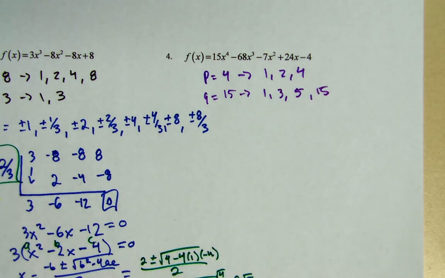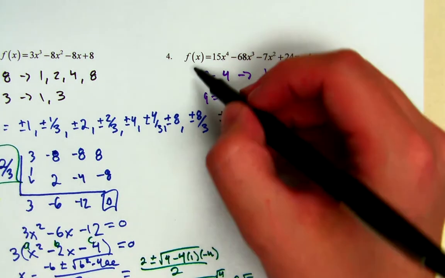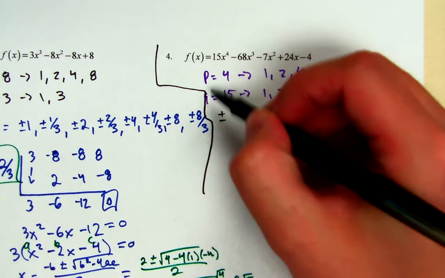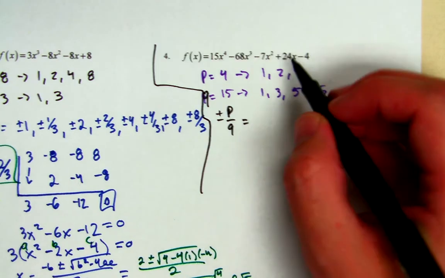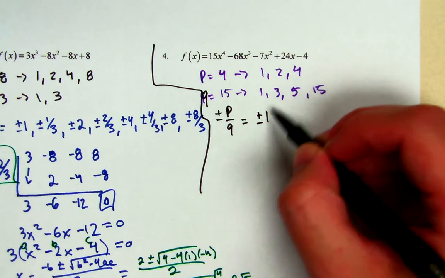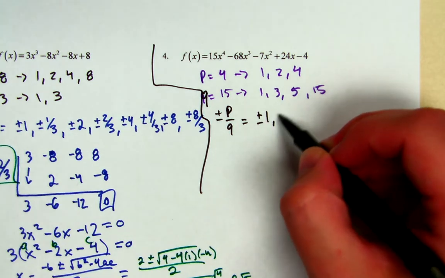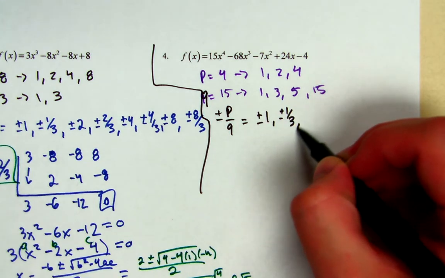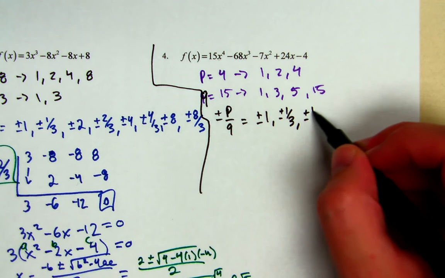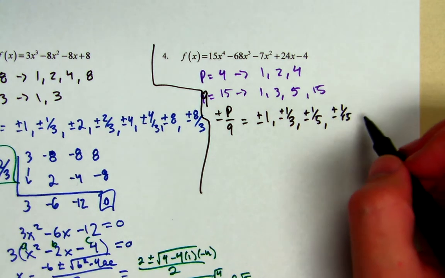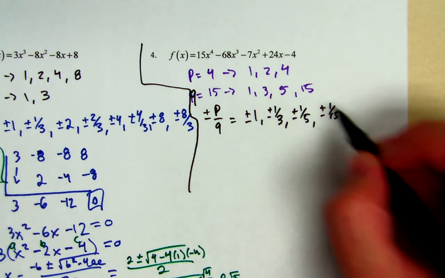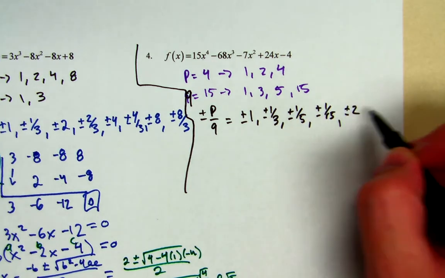So remember, now we've got to do our lists of plus or minus. Let's put a little divider in here. That was q. Now p over q. So 1 over 1, plus or minus 1, 1 over 3, plus or minus 1/3, 1/5, 1/15. So again, you can see our list starting to grow already. 2 over 1, plus or minus 2.